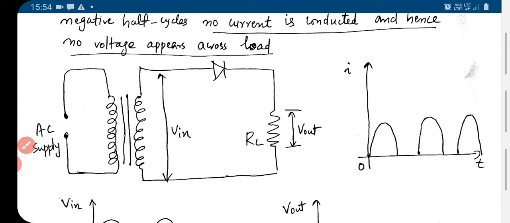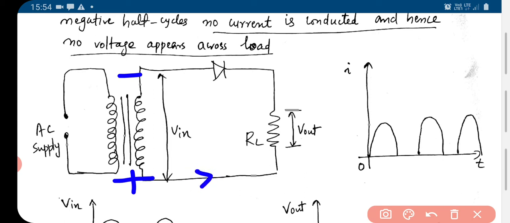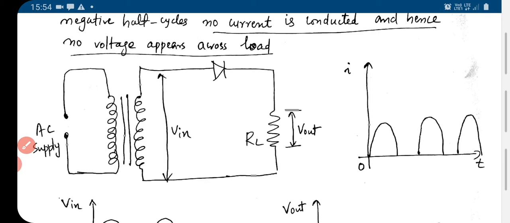During negative half cycles, what happens? This end becomes negative and this end becomes positive. The conventional current tries to flow in this direction, but it is against the direction of this arrow, so that means the diode is reverse biased. So the idea is this: during the positive half cycle, A becomes positive, B becomes negative.